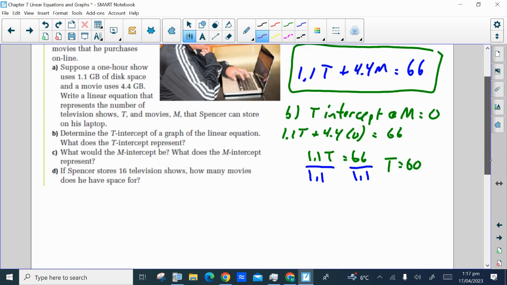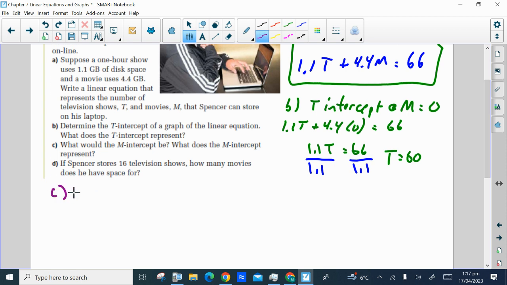Part C wants to know what is the m-intercept. How do we find the m-intercept? That's right, let t equal 0. So it'll be 1.1 times 0 plus 4.4m equals 66.